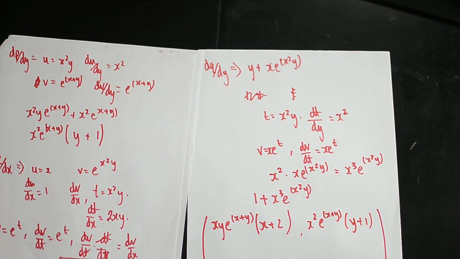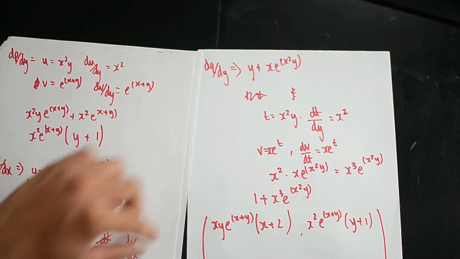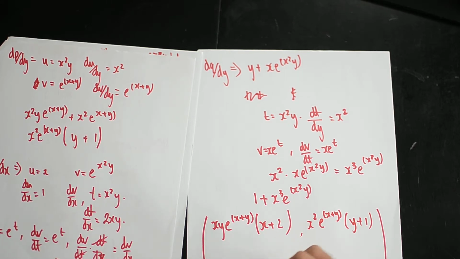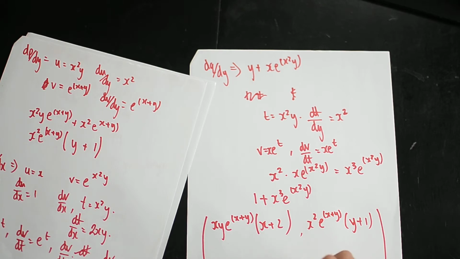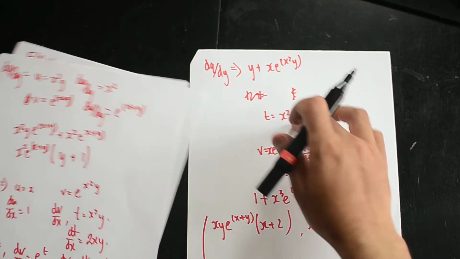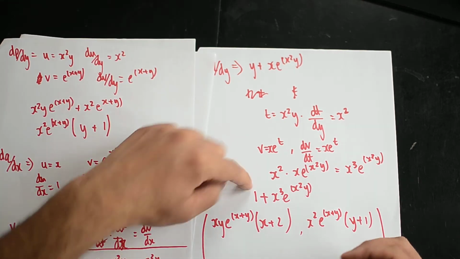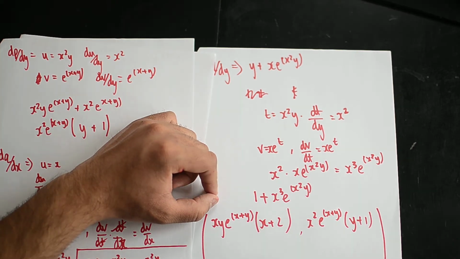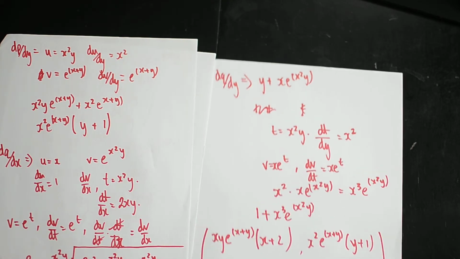And then dq dx, which is going to go down here, which is e^(x squared y), 2x squared y plus 1. And then finally, oh no, wait, we're up here, aren't we? Finally, this little value, 1 plus x cubed e^(x squared y). And that's my answer.